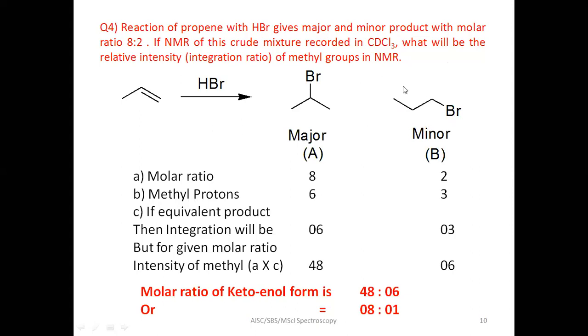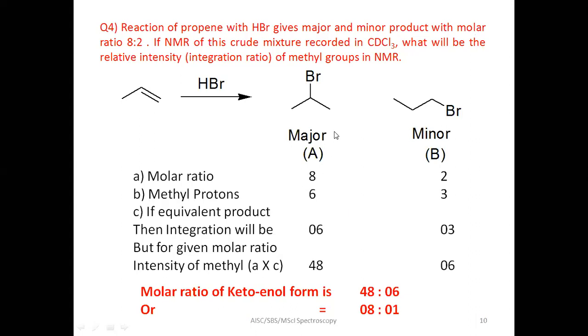And you are asking, for this CH3 and this CH3, what will be the intensity? If they are formed 1:1, 50-50%, the intensity will be 6 to 3. That is 6 hydrogens in the first case, the major having 2 equivalent methyl groups, and the second having only 1 methyl group. But that is not given, because the molar ratio is 8 to 2.